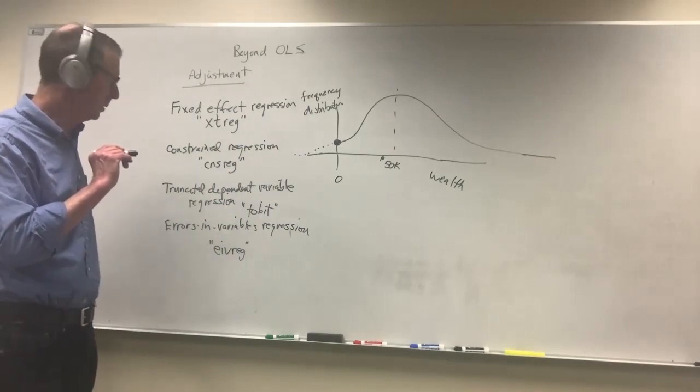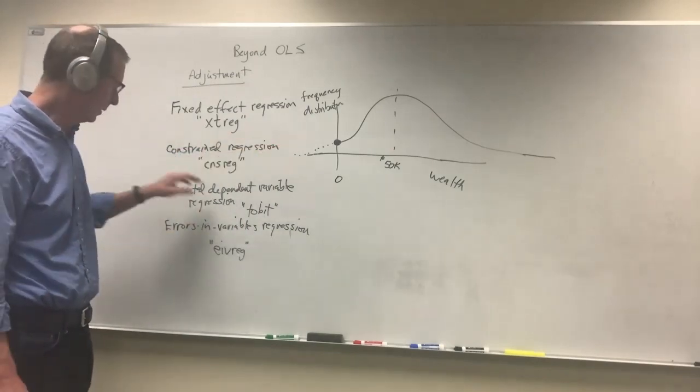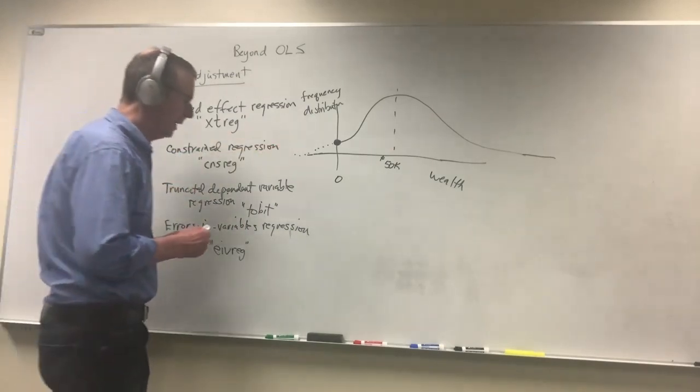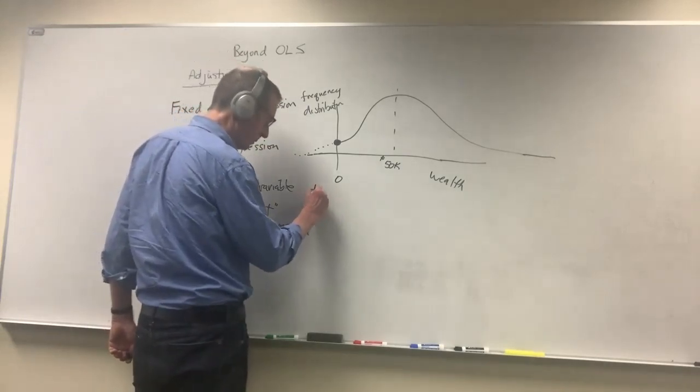So what do you do? That's a situation where wealth, the dependent variable, is truncated, and there's a procedure, Tobit.